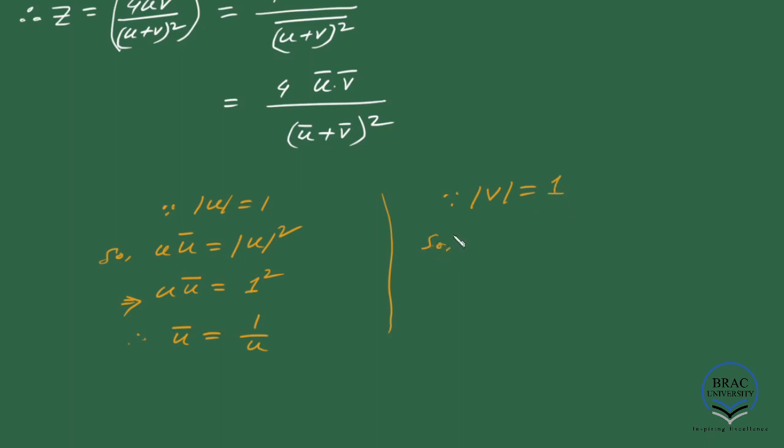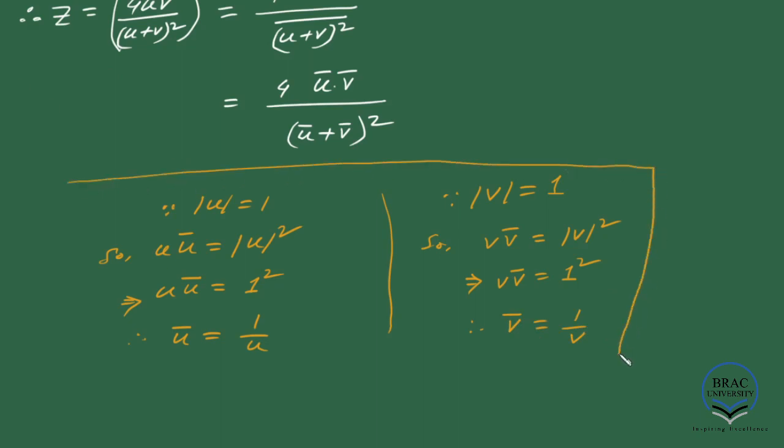So if we use the square of the magnitude of v, we can use one of the useful properties: v times the conjugate of v is the square of the magnitude of v, which is basically 1 squared. Then it gives you that the conjugate of v is going to be equal to 1 over v. These things will be super useful for our problem.